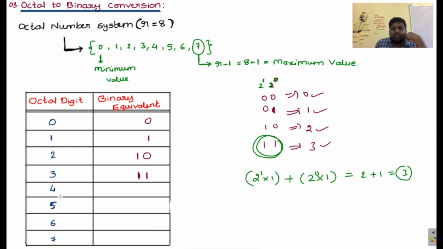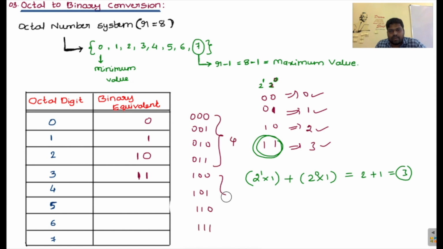So for 4, whether it is octal or decimal, two binary bits are not sufficient. In that situation, we have to move to 3 binary bits, right? So if you take 3 binary bits, we have 8 possibilities: 0 0 0, 0 0 1, 0 1 0, 0 1 1, and next 1 0 0, 1 0 1, 1 1 0, 1 1 1.